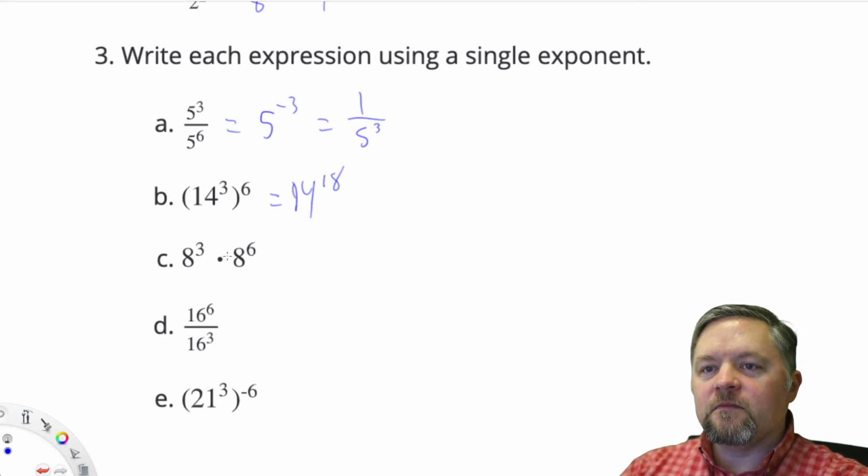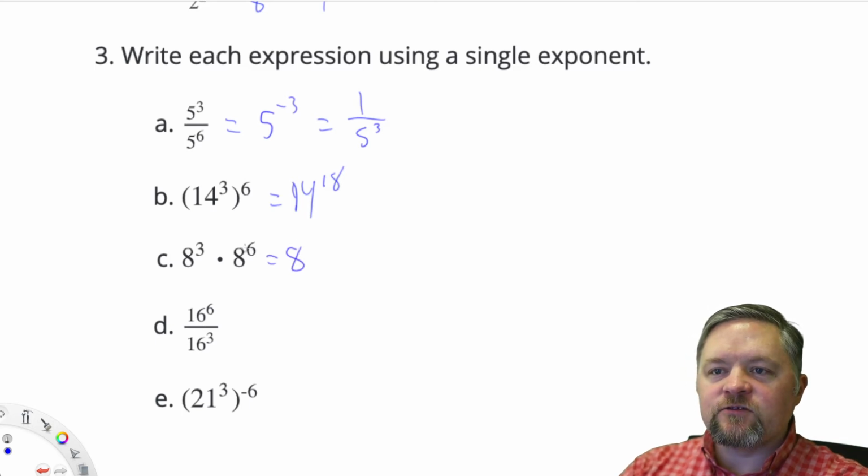When we are multiplying 8 to the 3rd times 8 to the 6, we add the exponents, so that's 8 to the 3 plus 6 is 9. 16 to the 6 over 16 to the power of 3 is 16 to the power of, we're dividing, so we subtract the exponents. 6 subtract 3 is 3. 21 to the power of 3 to the power of negative 6.